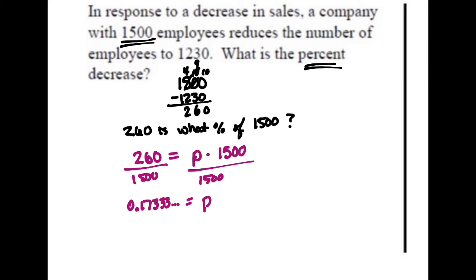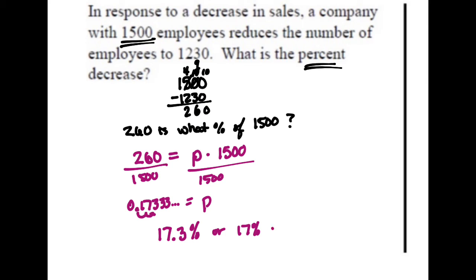Okay, it says what is the percent decrease? So boom, it doesn't say round at any specific place. So this is a 17.3%. Technically, it repeats, but you never see that in real life, okay? So you might see 17% because they rounded it.